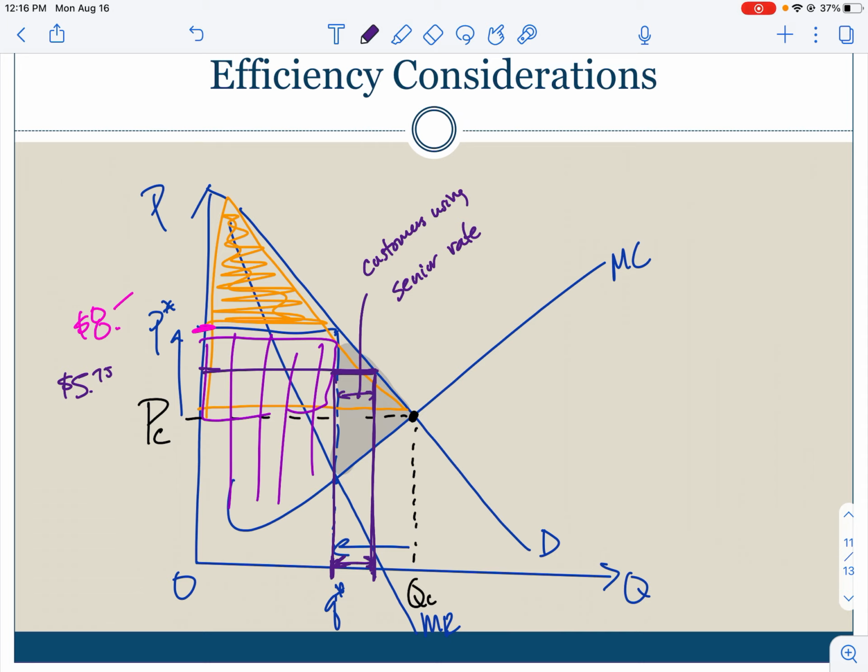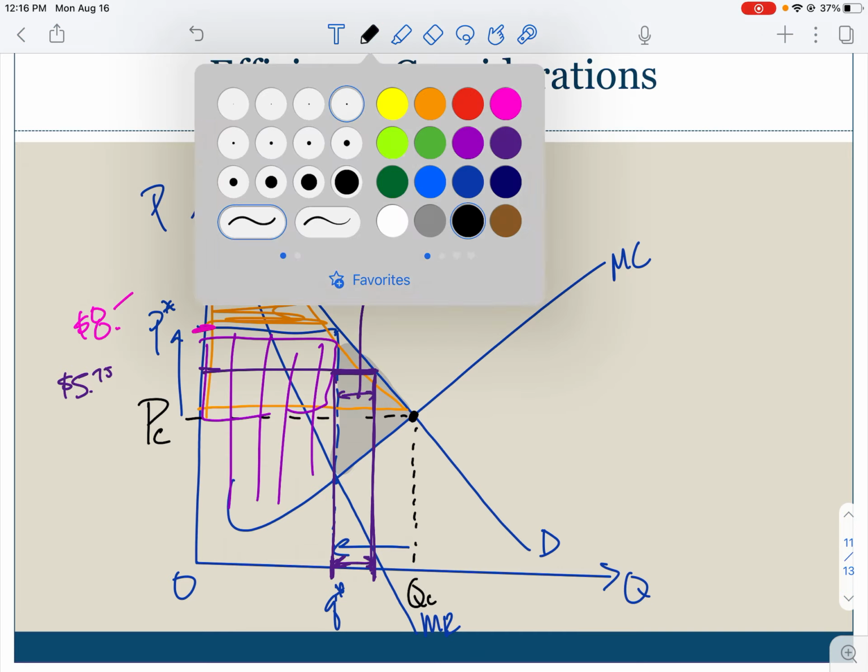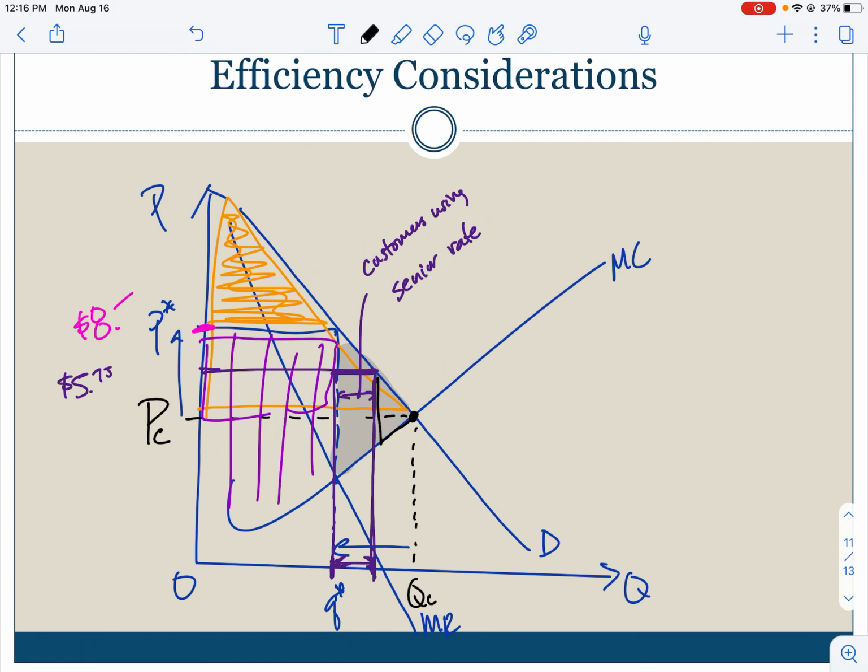So what does that mean? There's still a deadweight loss, but it's smaller than before, right? The deadweight loss is now limited to this area. These are the losses, the potential gains that are never realized.